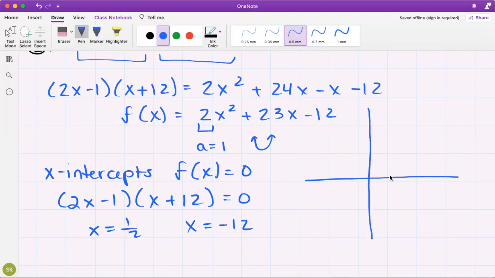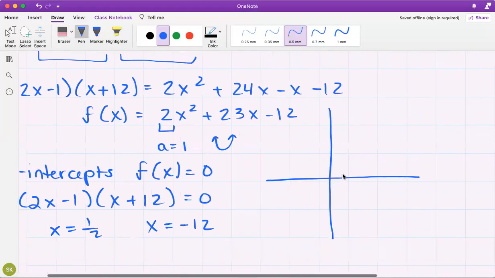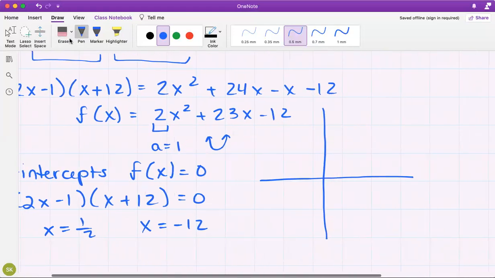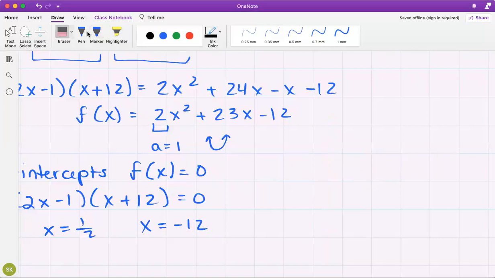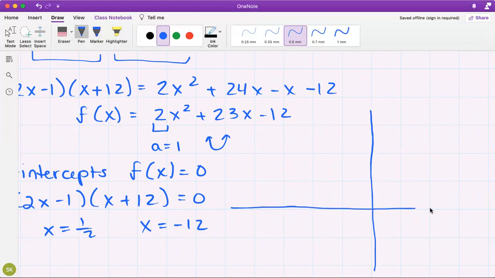1/2, where is it? Let's say I want to do this kind of to scale because negative 12 is a big number, so let's try to make this a little bit better. I'm going to have to put a lot of line on this side. Okay, so let's say this is 1, and I'm going to say 1, 2, 3, 4, 5, 6, 7, 8, 9, 10, 11, 12, way out here.